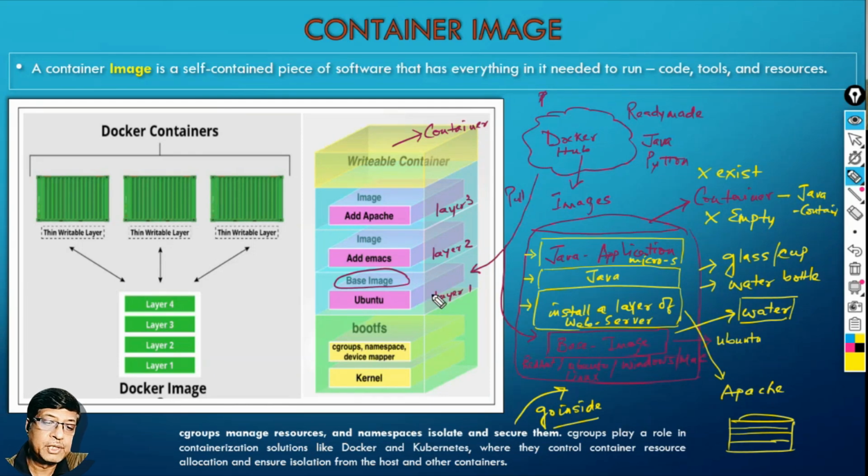Now, apart from this base layer, whenever you create a container, you will see that there is an internal kernel. You are already creating a container with an inbuilt kernel. This is not what you have installed. This is the one you have pulled from the Docker Hub. This one you have installed, this layer, and this one also you have installed.